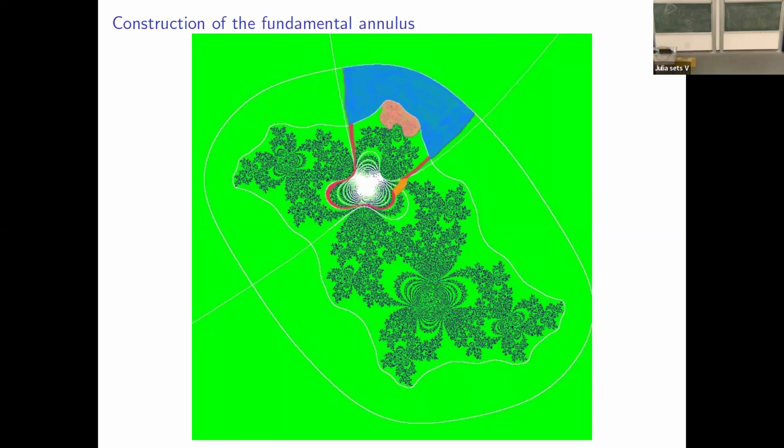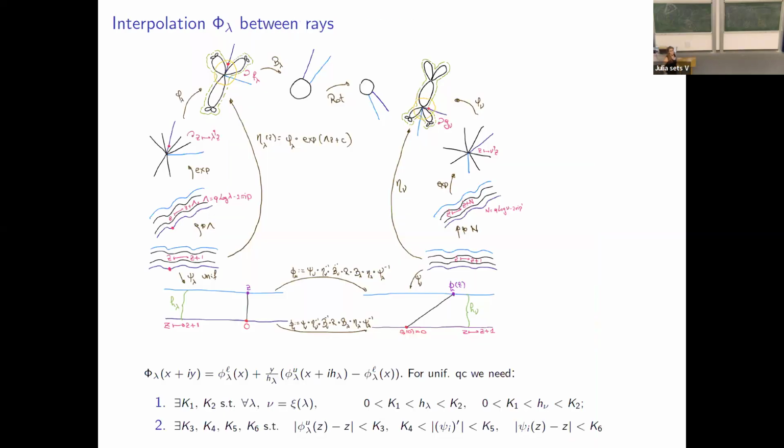In the last 3 minutes, I will give you the main idea of how to make this interpolation, which is more doable between straight lines. So the first thing we do is turning external arrays to straight lines. And in order to do it, we do the festival of change of variables.